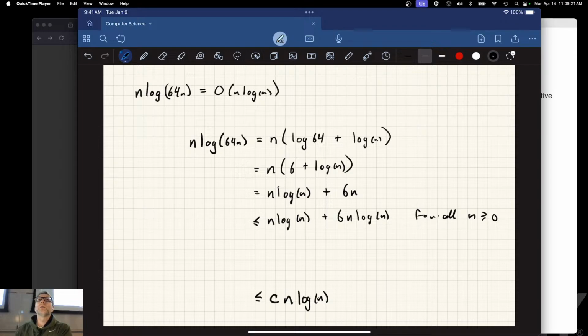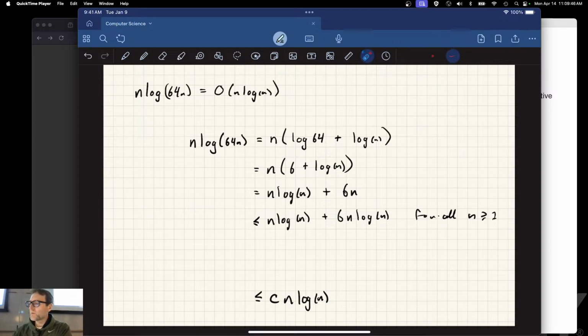What's log of 0? Yeah, it's going to go down to negative infinity. For us, however, that's going to be undefined. This is where you have to be careful. No, that's not true. Is it true for 1?